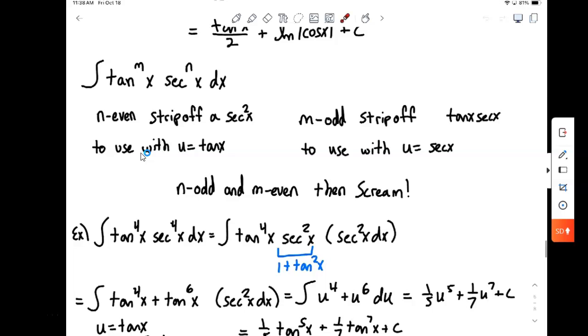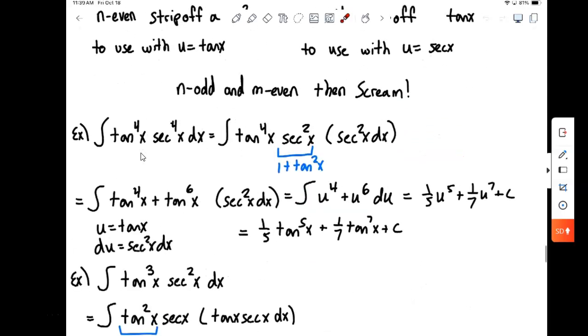So again, we're looking for either being able to strip off an even power of secant, or having an odd power on the tangent that we can strip off to go along with one of the secants, and then convert everything else to secants and use that substitution. So those are the ideal ones, the easy ones.